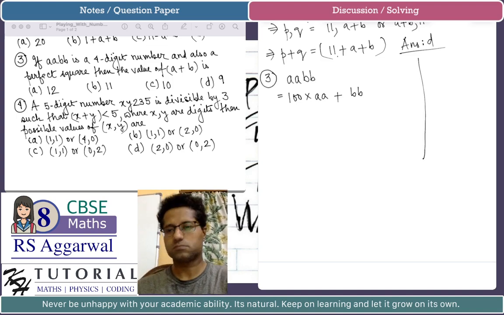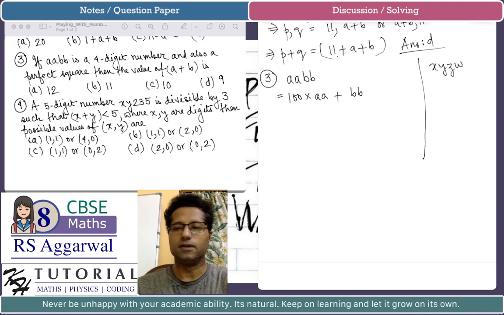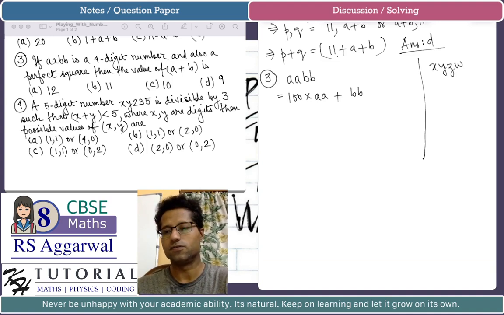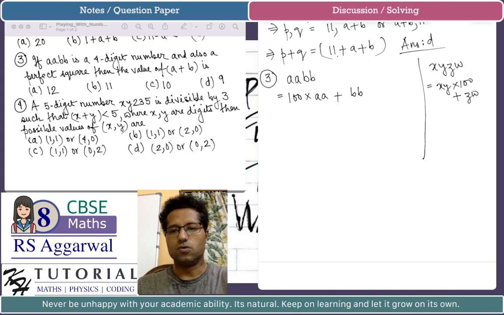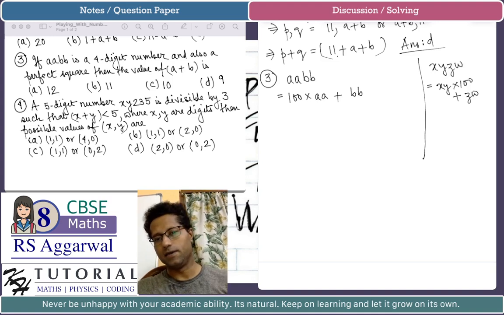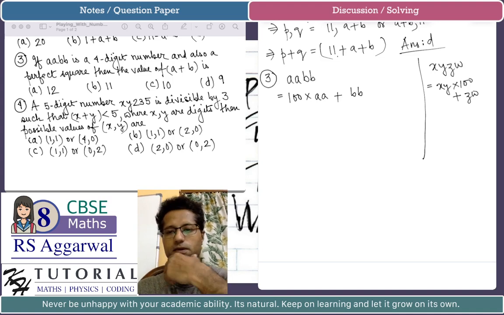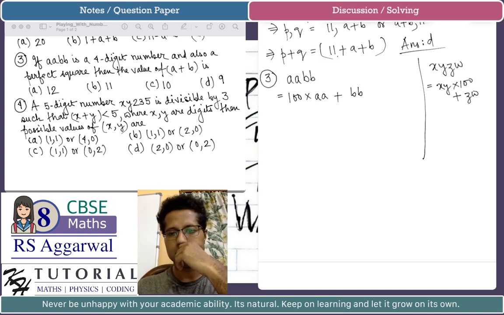I hope this is understood: consider any 4-digit number XYZW, where X, Y, Z, W are digits with values from 0 to 9. If we expand this, we can say this is equal to 100 times XY plus the number ZW. So the 4-digit number AABB will be equal to 100 into AA plus BB.